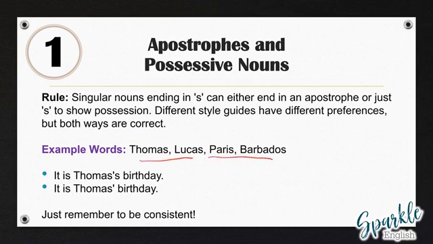You can say, it is Thomas's birthday. That's correct, because this is a singular noun that ends in an S, so you're allowed to put Thomas's like this. Or you can also put, it is Thomas' birthday, but usually when you'd say this, you'd say Thomas' birthday, because you don't have the extra S. But this means the same thing, and this is also correct.